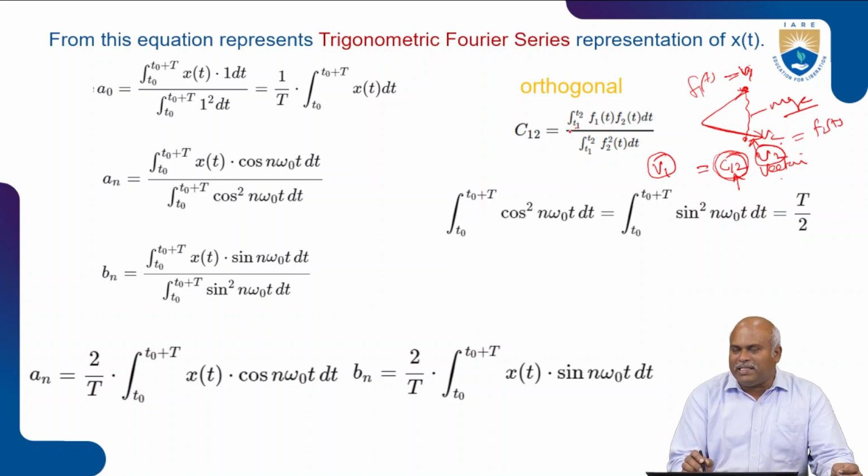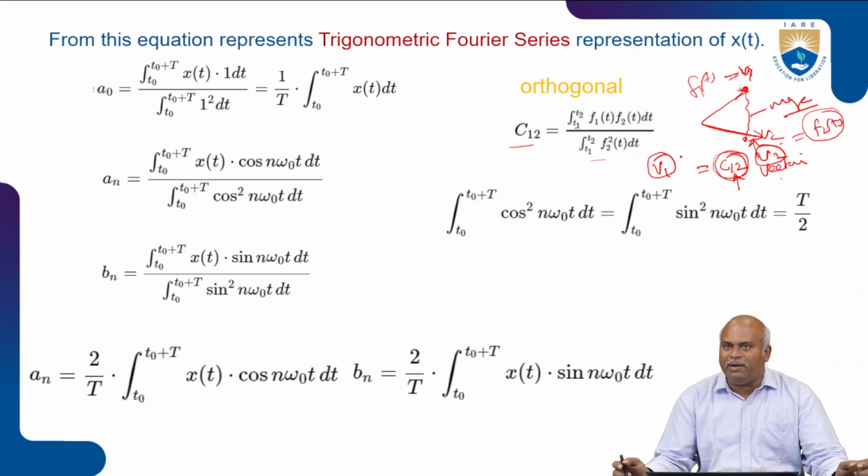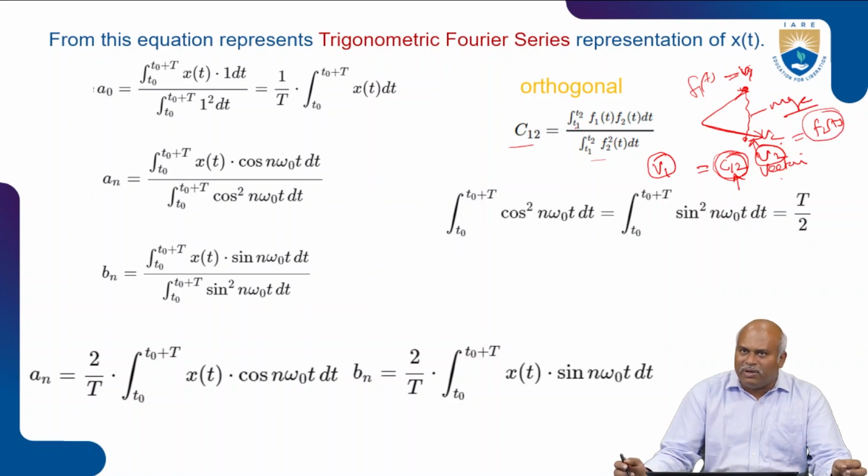Now the integration over the time interval from T1 to T2 of F1 of t, F2 of t dt is divided by the integration from T1 to T2 of F2 square of t dt. Based on F2 only we get C12, so that's why we divide by the integration of F2 square t dt from T1 to T2.